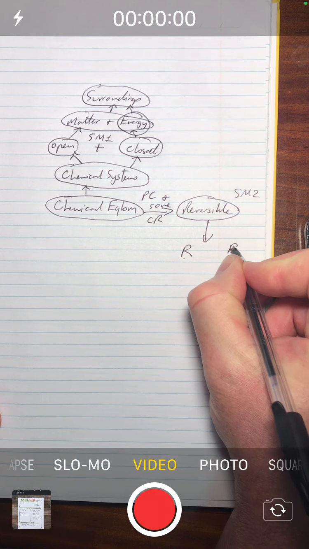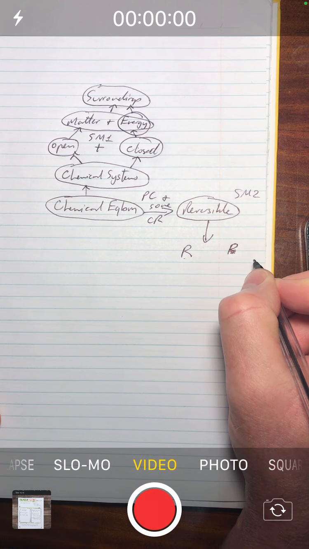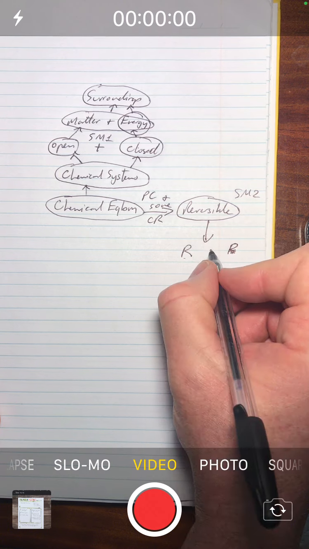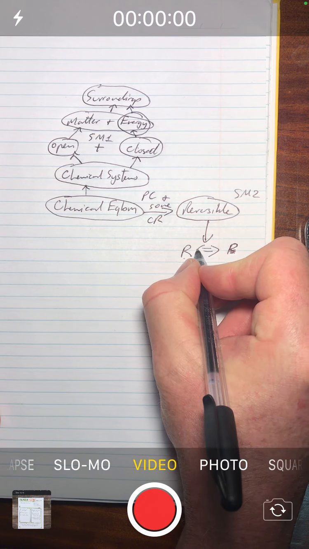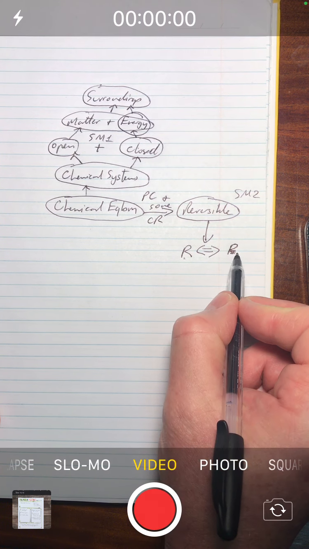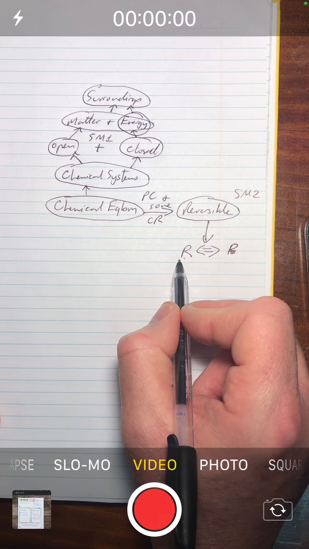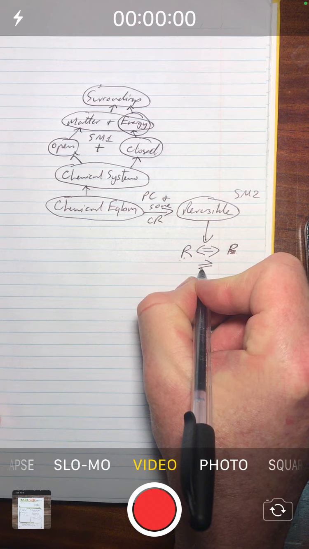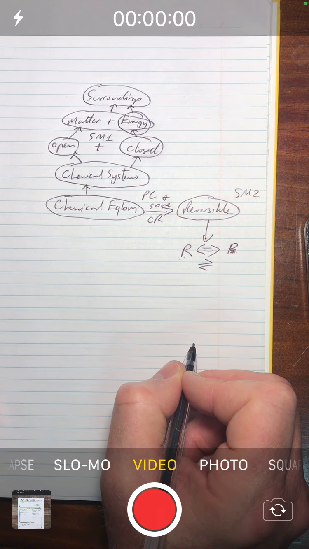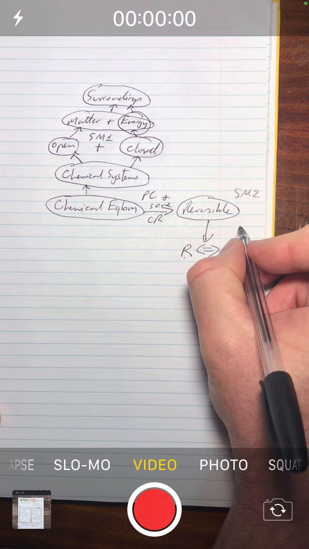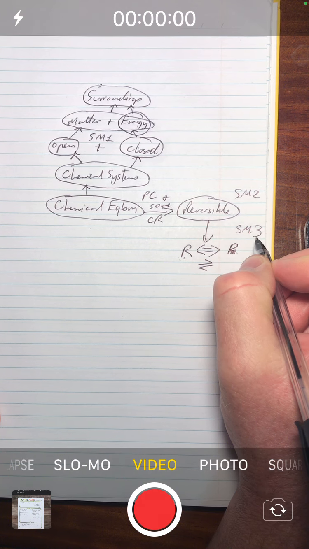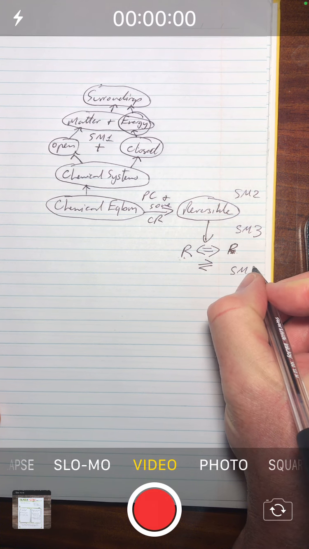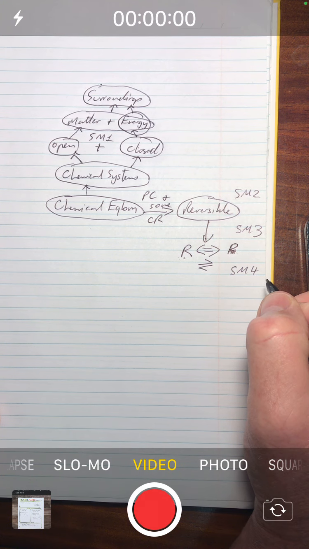Whoops, that's a P there. Okay, and we can use arrows to signify that the reaction is going from reactants to products, but also products to reactants. So we can use that arrow, or probably the more common one actually is that arrow. Okay, so we've got that. We're looking at subject matter 3 and also subject matter 4.